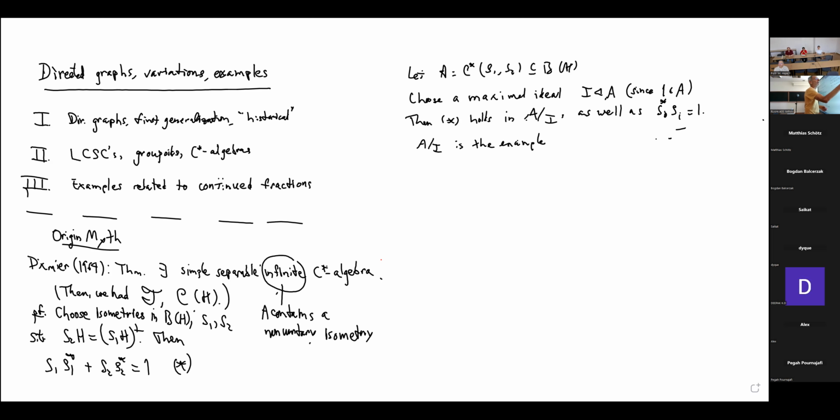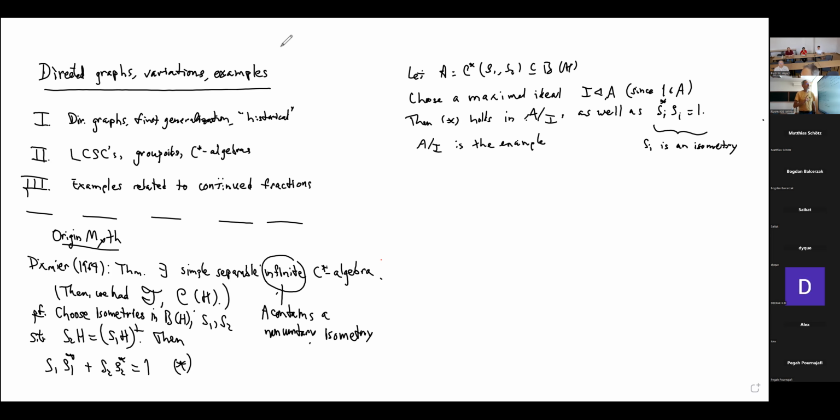It's not zero, it's I. It's badly written. And this just means S_i is an isometry.